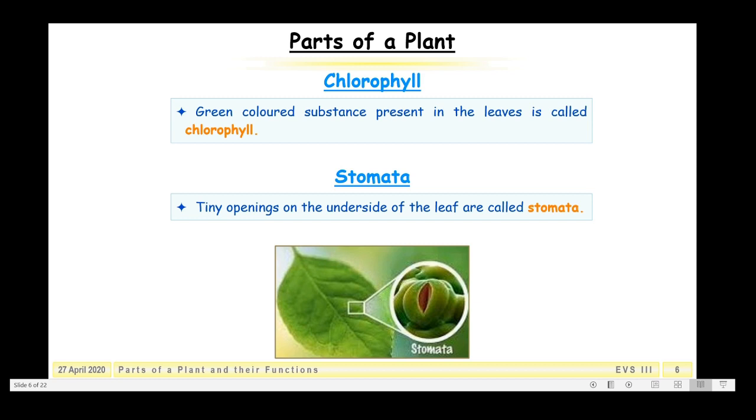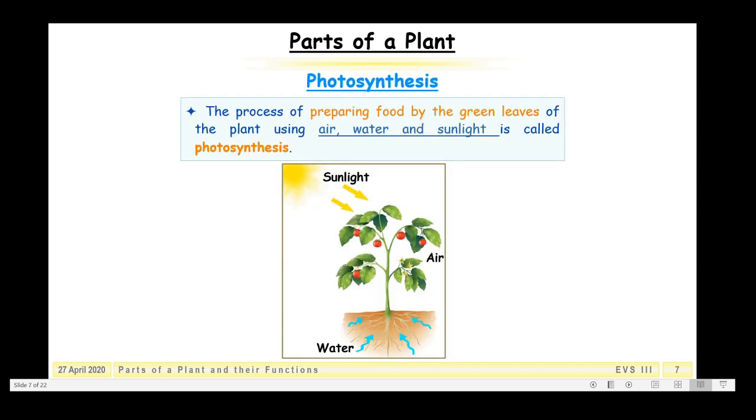Now, since we are talking so many things about a leaf, let us understand what is the term used for the process by which leaves make their food. Okay, that is photosynthesis, the process of preparing food by the green leaves.